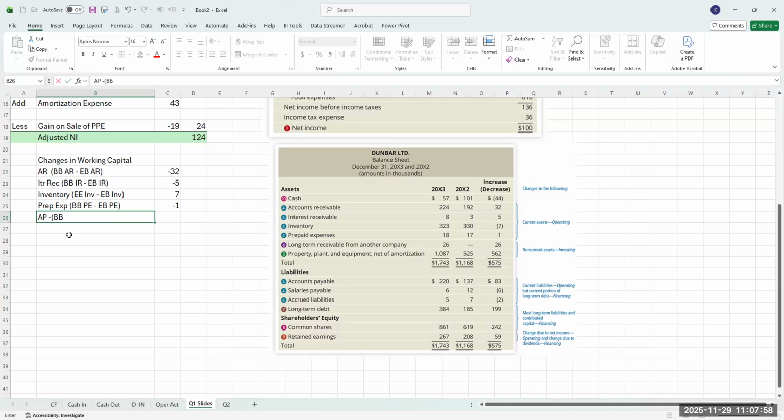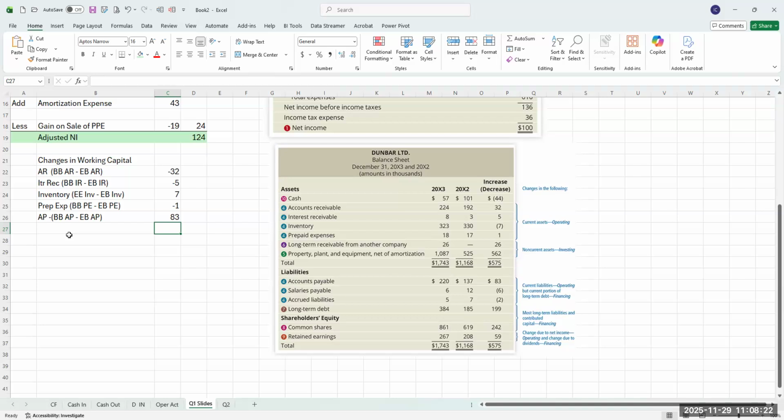Beginning balance of the accounts payable minus ending balance of accounts payable. So how is it going to be? Minus bracket, we have 137 minus 220. And we have an increase in cash of $83.